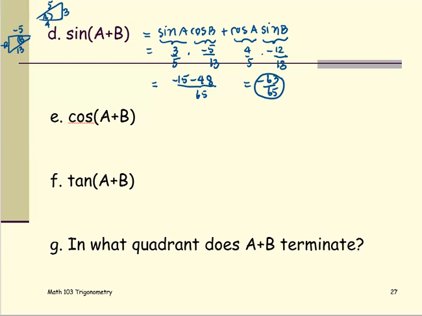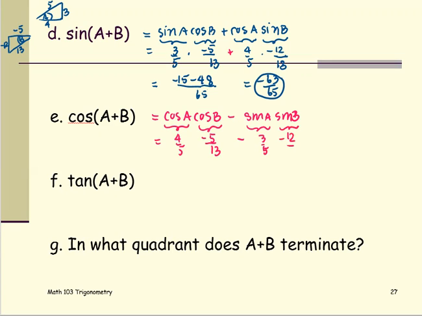The next part, we're going to use the same information to find the exact value of cosine of A plus B. The formula for the cosine of a sum is cosine A times cosine B minus sine A times sine B. From our information, the cosine A is 4 over 5, the cosine B is negative 5 over 13, the sine A is 3 over 5, and the sine B is negative 12 over 13.